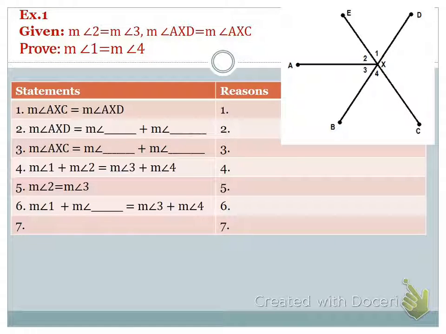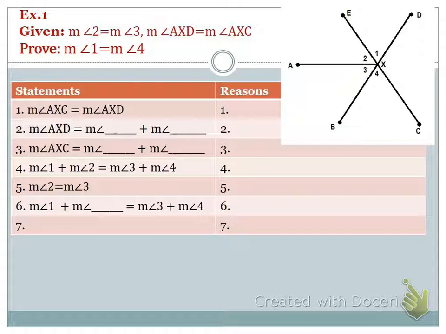The first statement they gave was that the measure of angle AXC is equal to the measure of AXD. How do we know that? It says it where? It's given. It says it all the way up here under given.